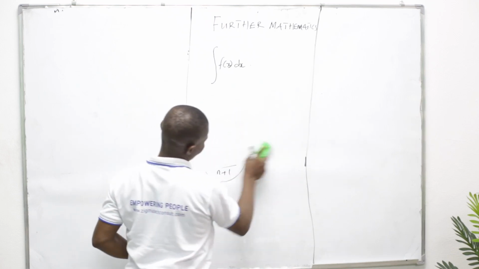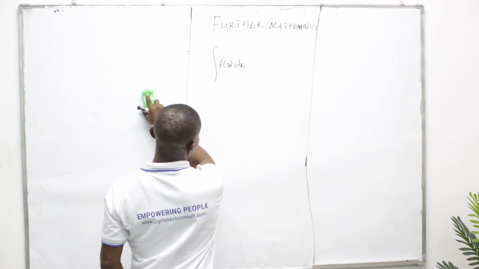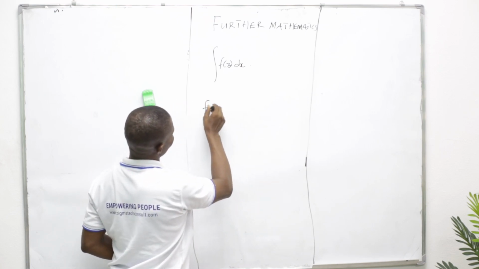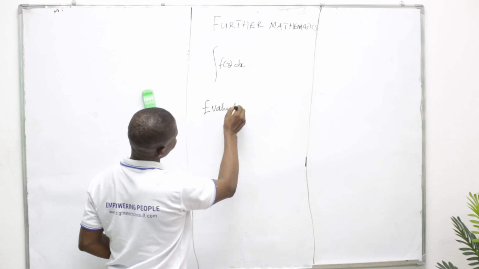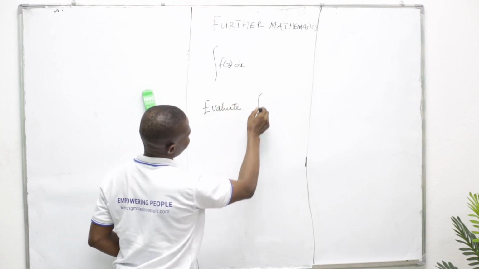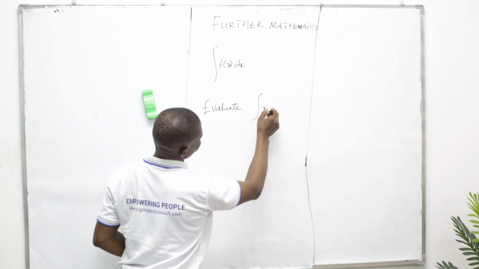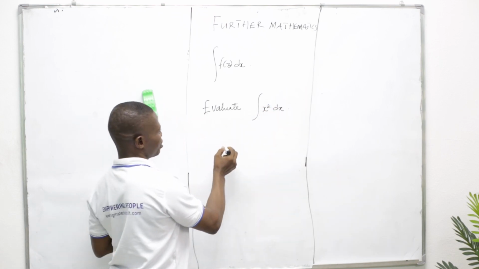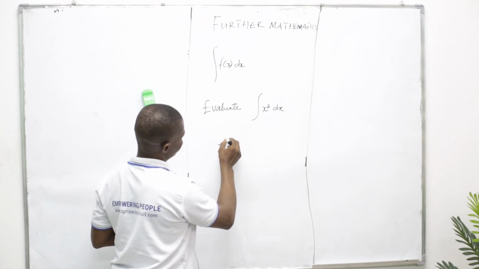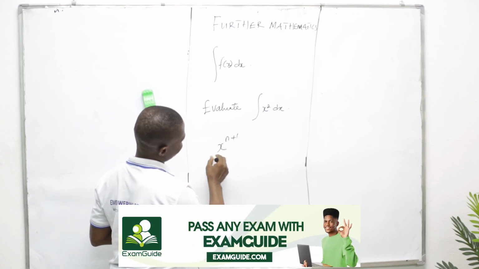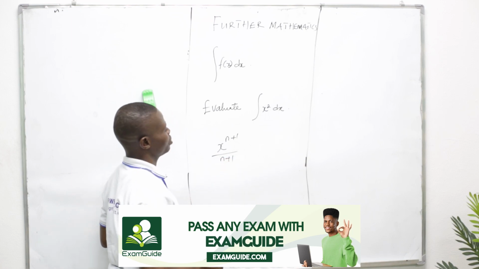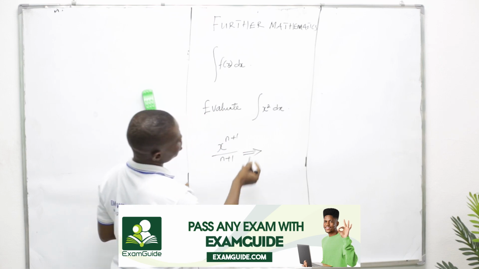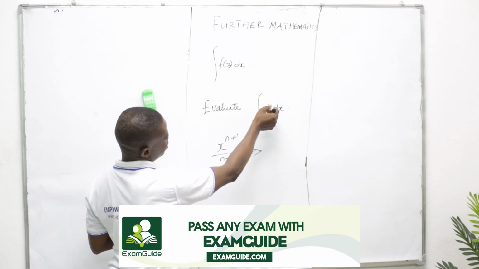Okay, let's take for instance, if you are having to evaluate the integral of x squared dx, thinking about the formula I just wrote there some minutes ago, x power n plus 1 all over n plus 1. It implies that your power here is 2.